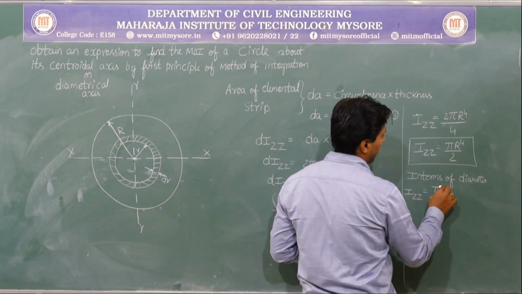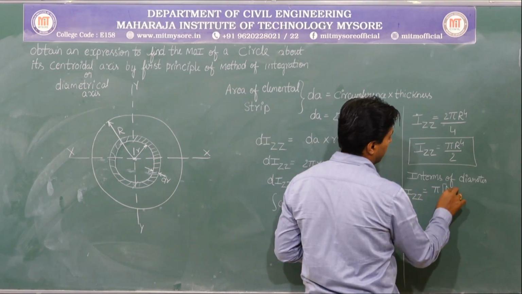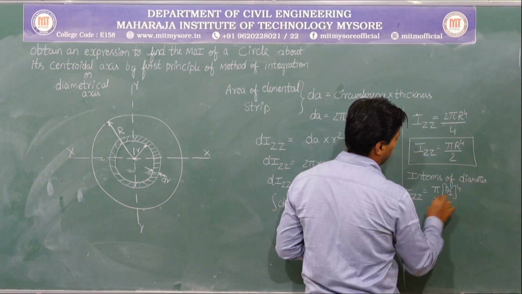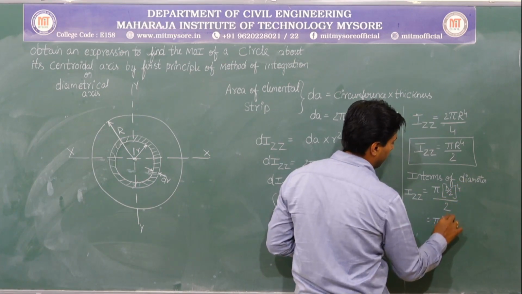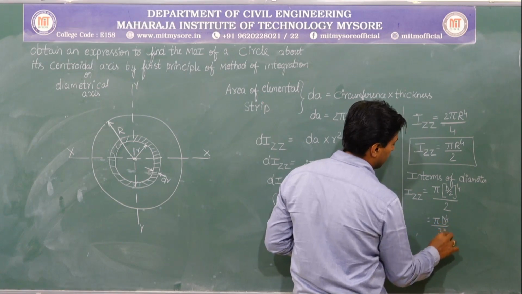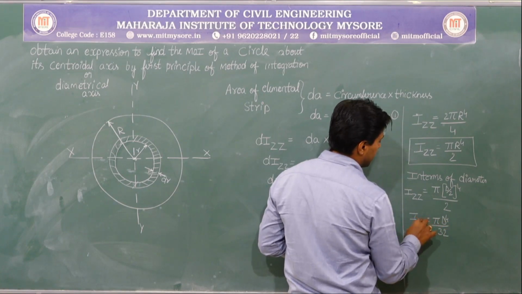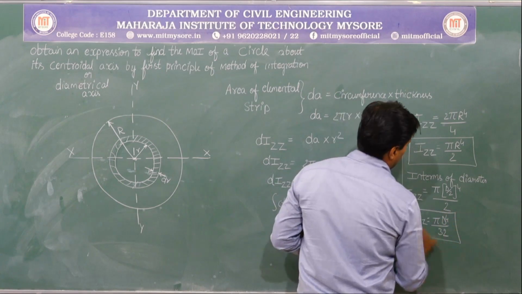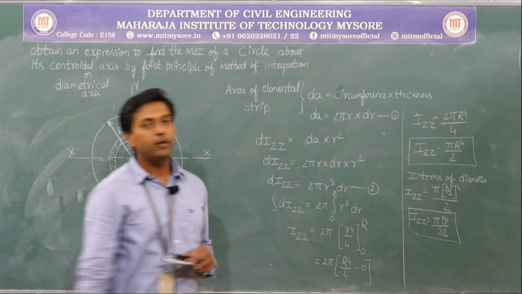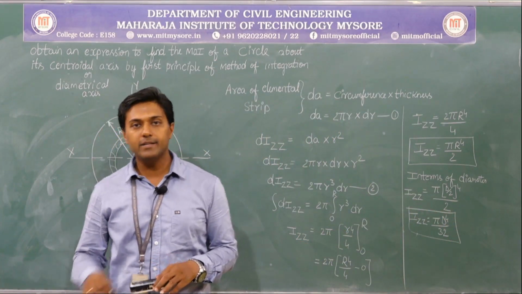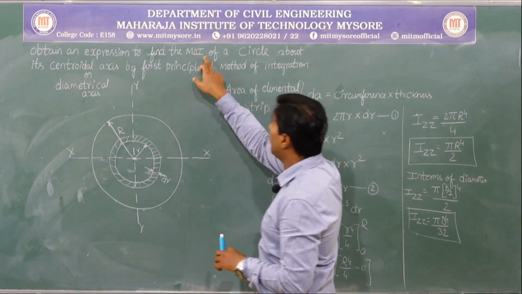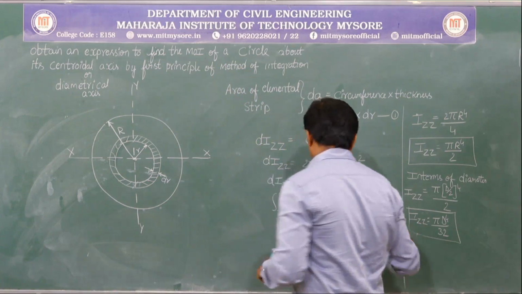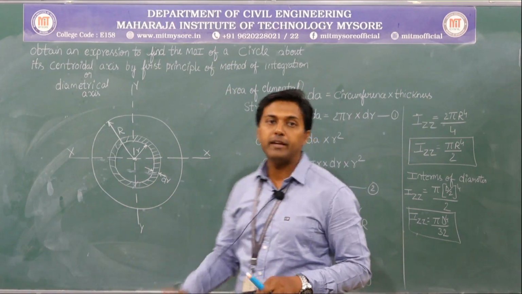It is pi into radius, which is nothing but diameter by 2, to the power of 4, by 2. So or else can I write pi d4, 2 to the power of 4 is 16, 16 into 2 is 32. So Izz is pi d4 by 32. But what is the heading? Just check it out. Obtain an expression to find the moment of inertia. But I have calculated the polar moment of inertia.